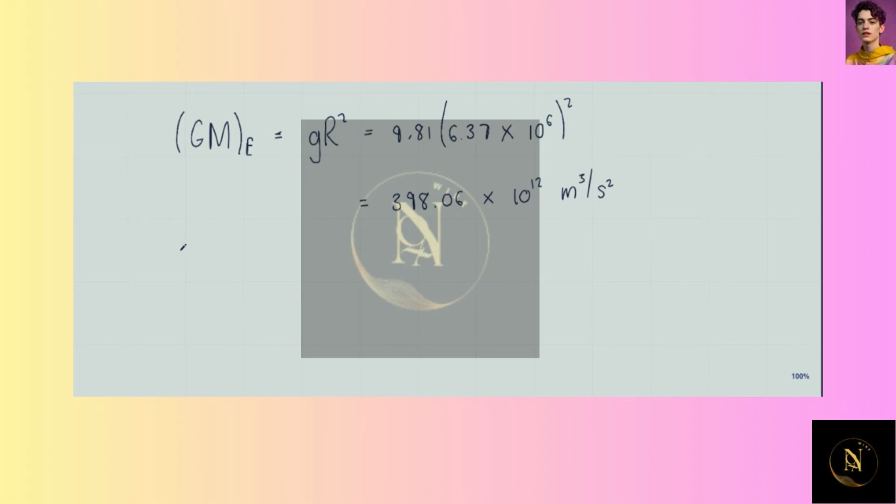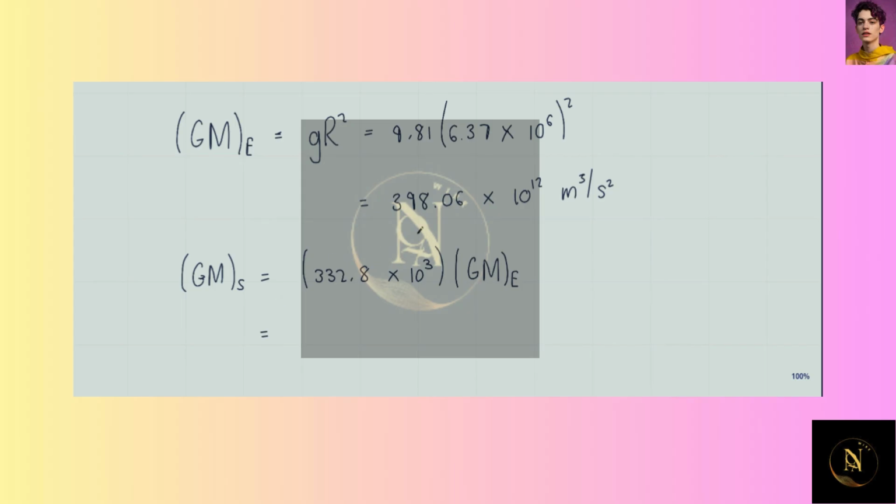We'll find the same value now for the Sun, and we'll use these values a little later on. So the GM value for the Sun, GMS, is equal to 332.8 times 10 to the 3 times the value GM of the Earth.